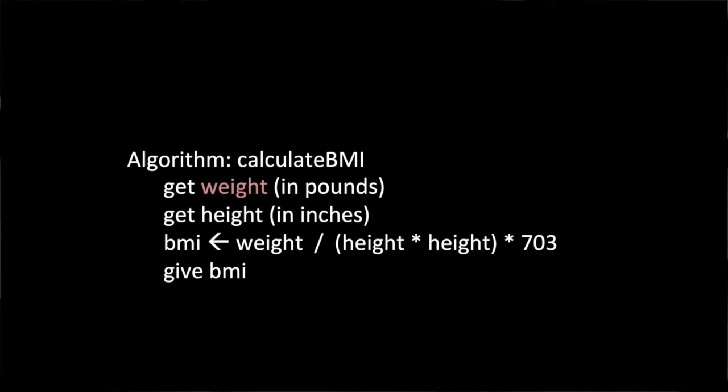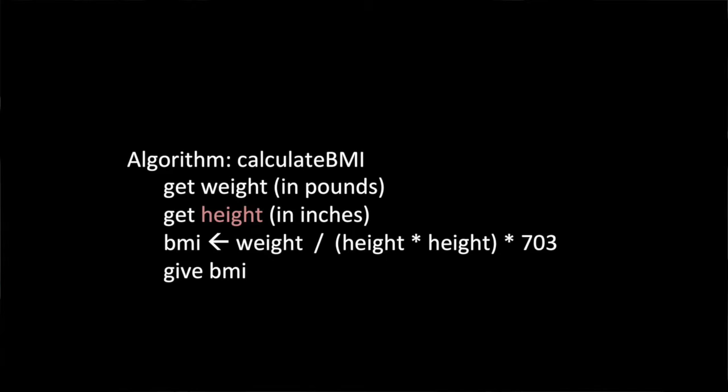Weight is a symbol, of course, and what we really mean by get weight is get a number from the user somehow and store it in a location that has the identity designated by weight.